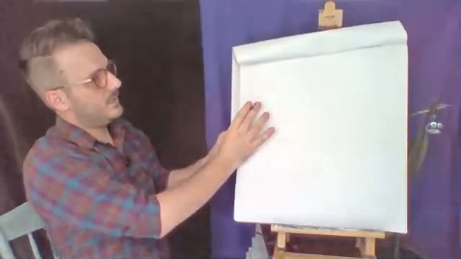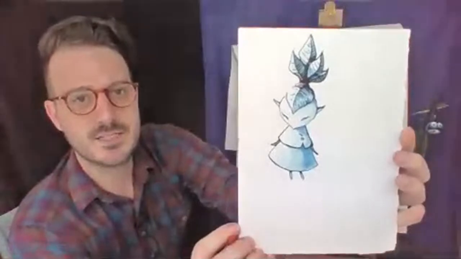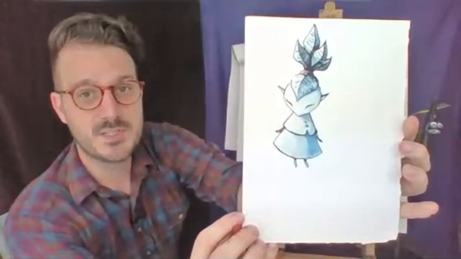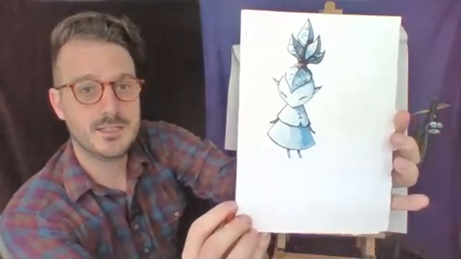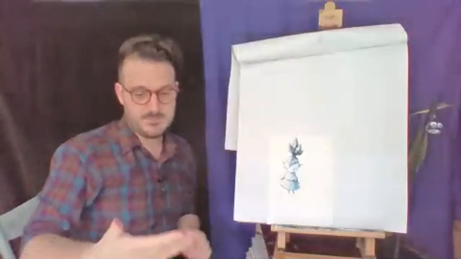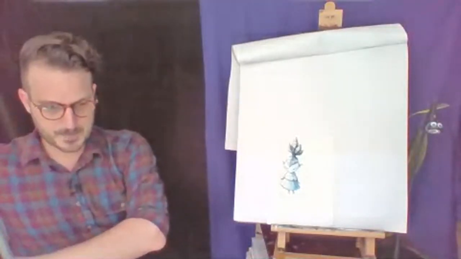So what I'm going to do is show you this one broken down into some of the basic shapes, and how I would start to make that. I'm going to use a little bit of tracing paper here.